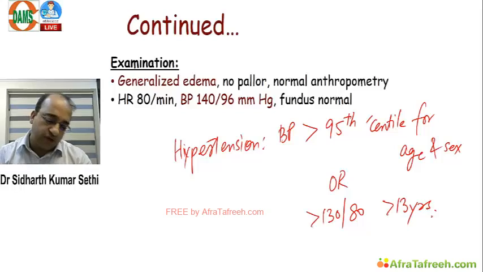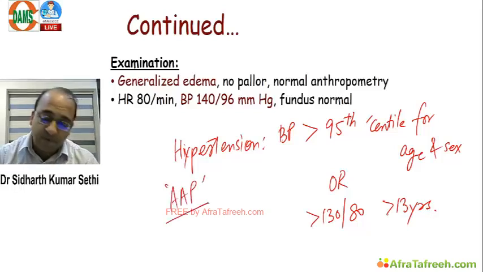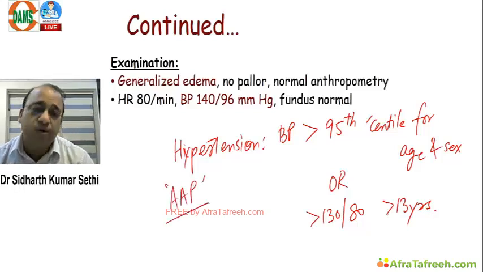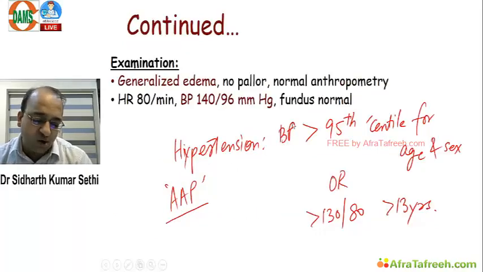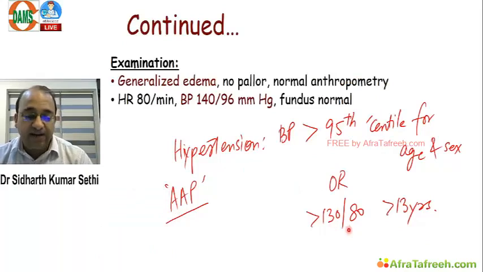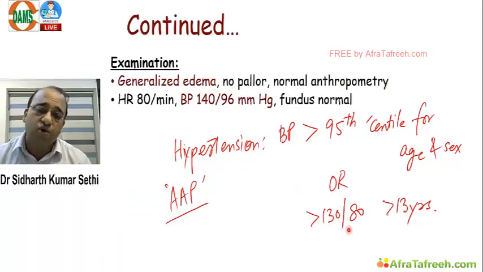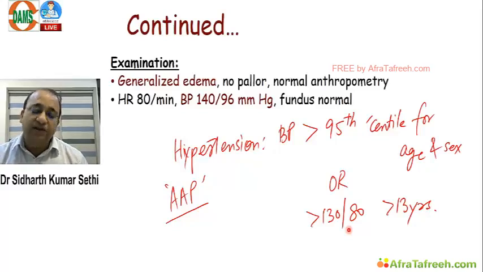So according to the American Academy of Pediatrics, 130/80 is hypertension even for a 13-year-old. This is an 8-year-old. I'll tell you in a coming grand round later on that the adult guidelines changed in 2018.